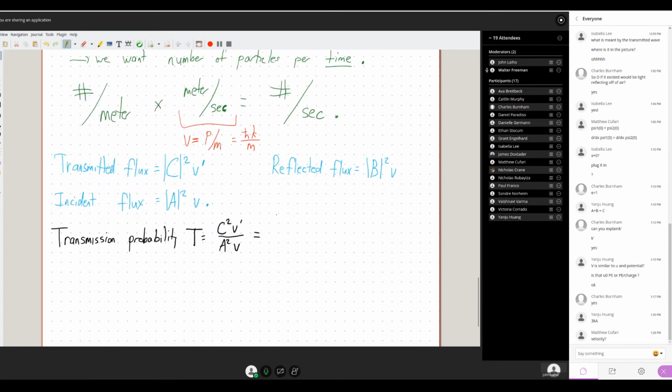So 4k squared over k prime plus k all squared. So that's the c squared part, times a squared. I'll label that.